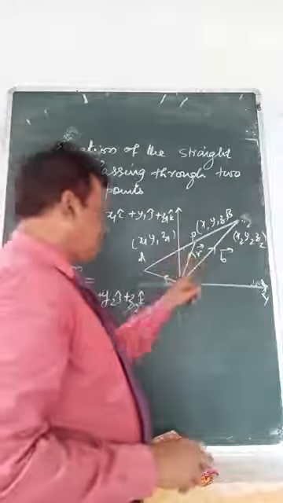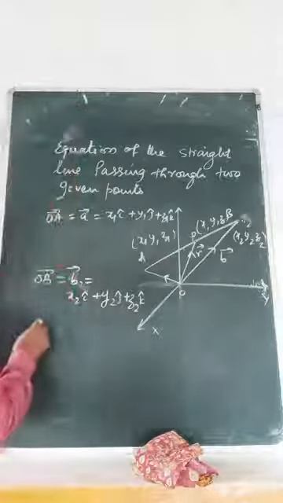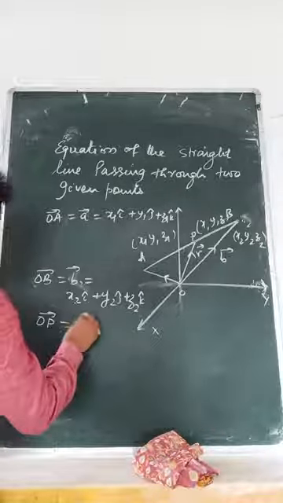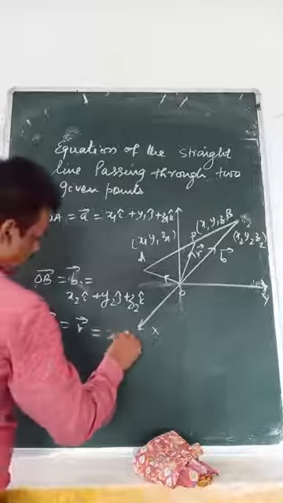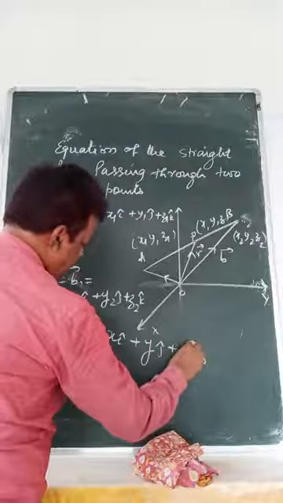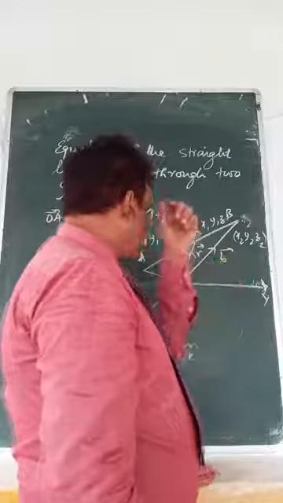Position vector of the point P, R vector equals to x, y, z. So you can write OP equals to R vector, xi, yj, zk.